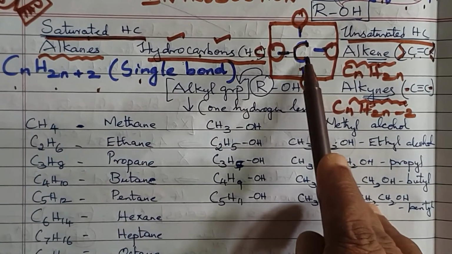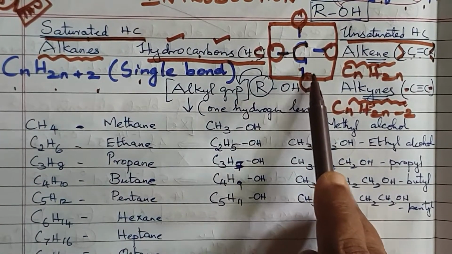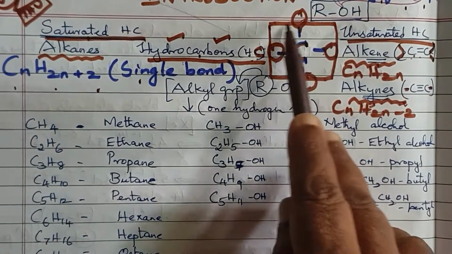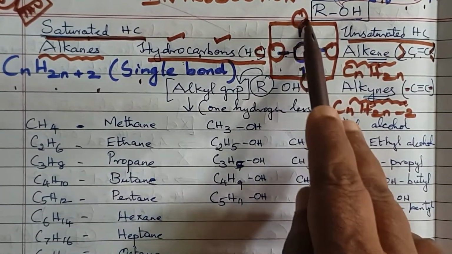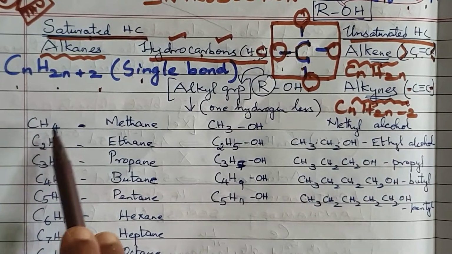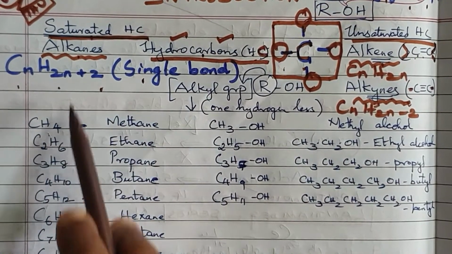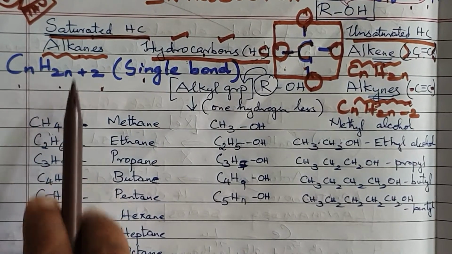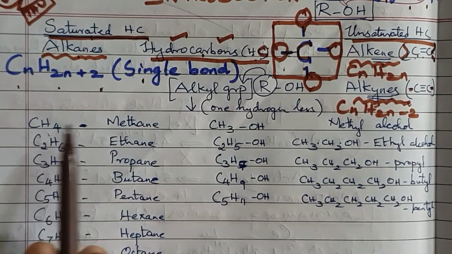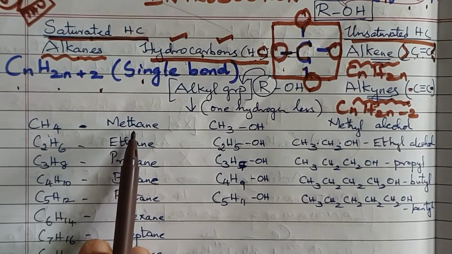Now remember, a carbon atom has 4 bonds around it, and if all 4 bonds are attached to hydrogen atoms, it will be CH4. So CH4 is the first compound in the series, the family of alkanes, and it is named methane.